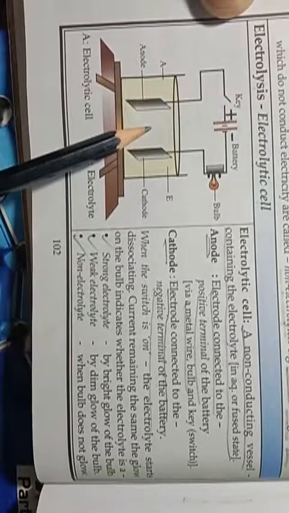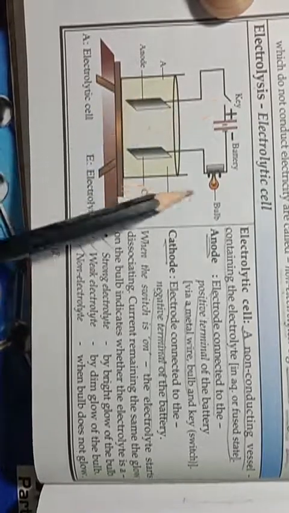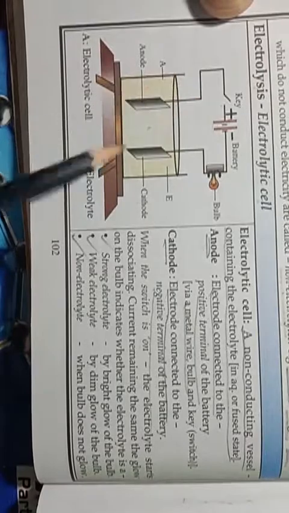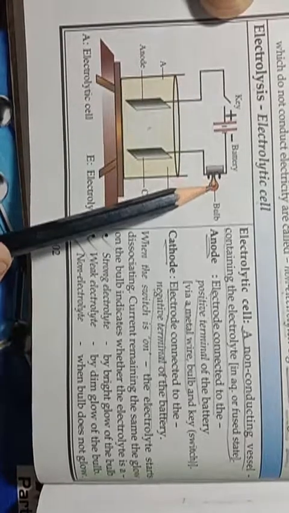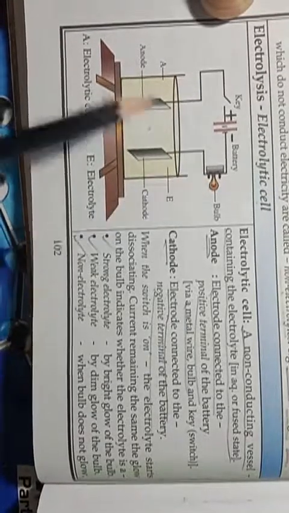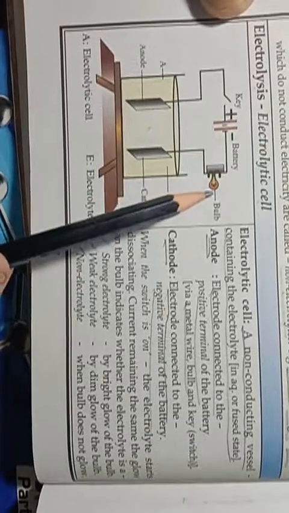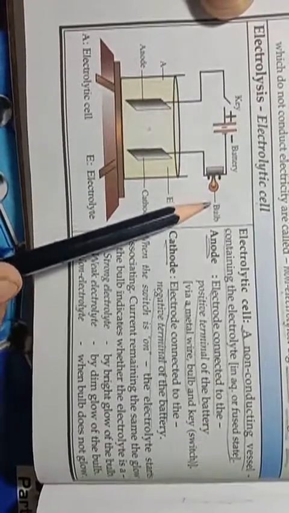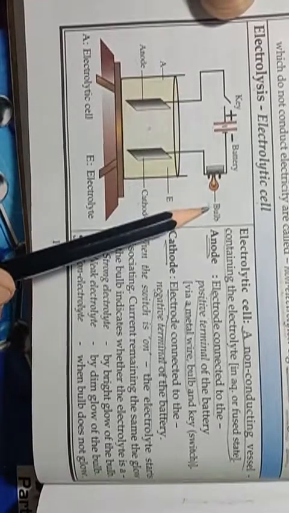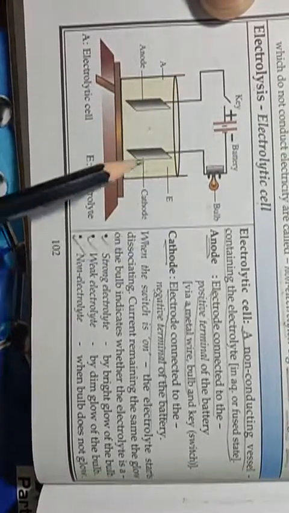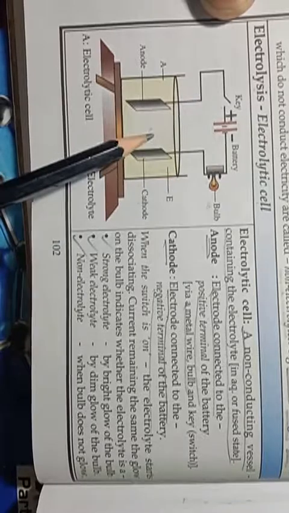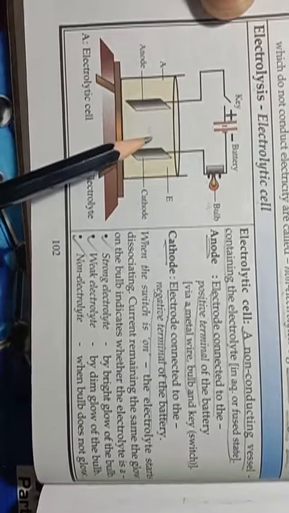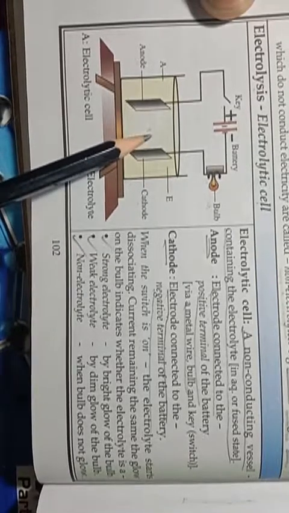Due to the passage of electricity through this circuit, the bulb starts glowing. On the basis of the intensity of the glow of the bulb, we can decide which type of electrolyte is present here in the vessel.